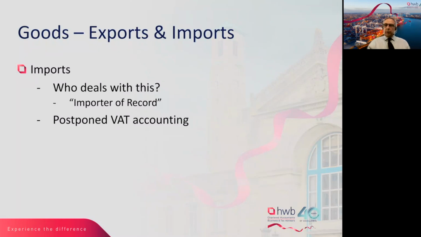Import VAT applies when goods enter the UK from anywhere outside the UK. Goods entering an overseas country from the UK will also be subject to import VAT considerations. VAT is usually charged at the same rate as domestic supplies on an import, and as soon as the goods cross the border into the new country, that is usually the point at which an import VAT obligation is triggered.